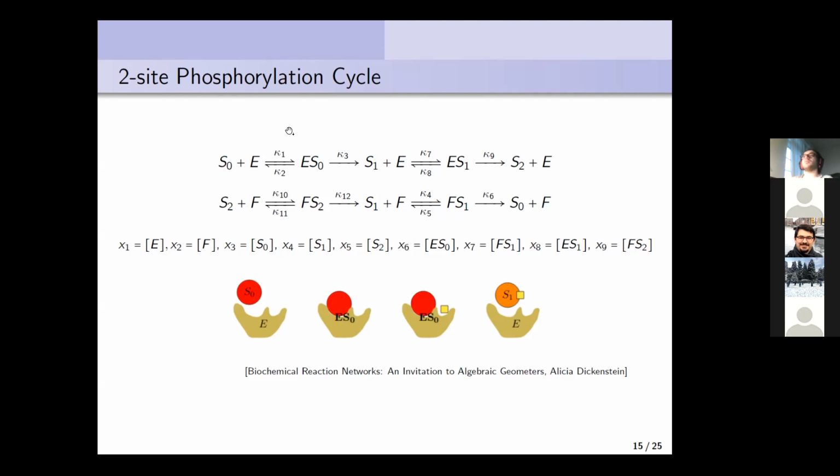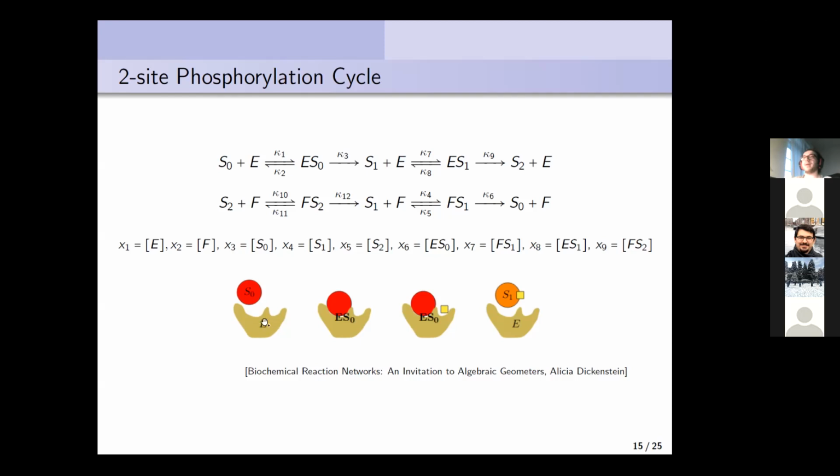But this doesn't have to appear only on ATP. In general, most of the enzymes and proteins in our body are getting phosphorylated and dephosphorylated, and this is a regulatory process that happens in all human bodies on a daily basis. So essentially, S0 is our protein that is going to get phosphorylated.